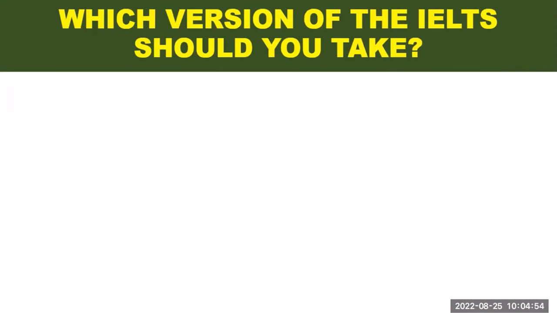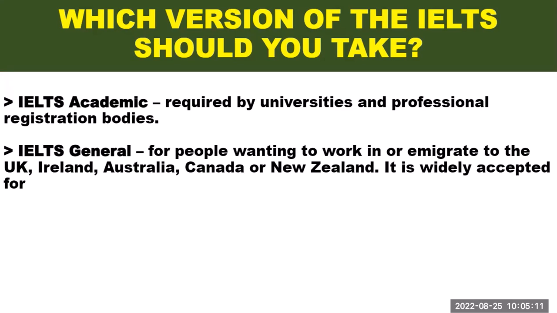Then let's look at this basic question. Which version of the IELTS should you take? It depends on your aim for migrating to the country that you want to migrate to. If you are going there for academic purposes, you have to take the IELTS academic, because the IELTS academic test is required by universities and professional registration bodies.